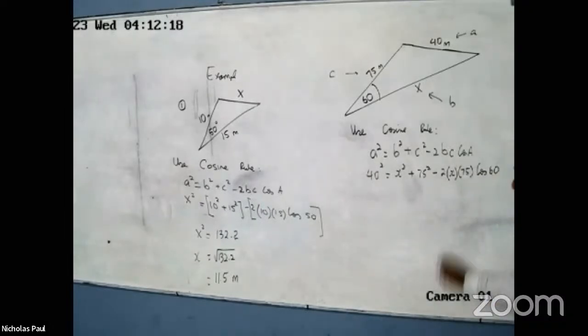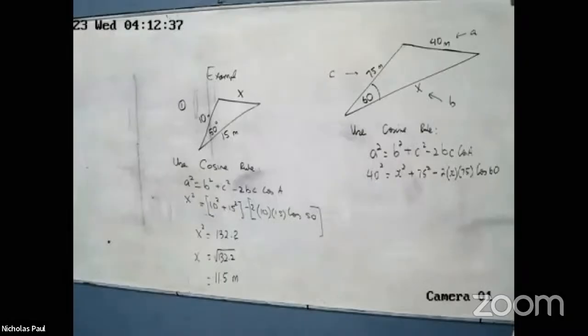Your challenge is to make x the subject of the formula. It's a little challenge. So let's start from there. Write down everything as I have it, and I want you to make x the subject of the formula. Be careful, you have an x here and an x here. I want to see how you all work it out. I'll show you how I will do it. Take your time.